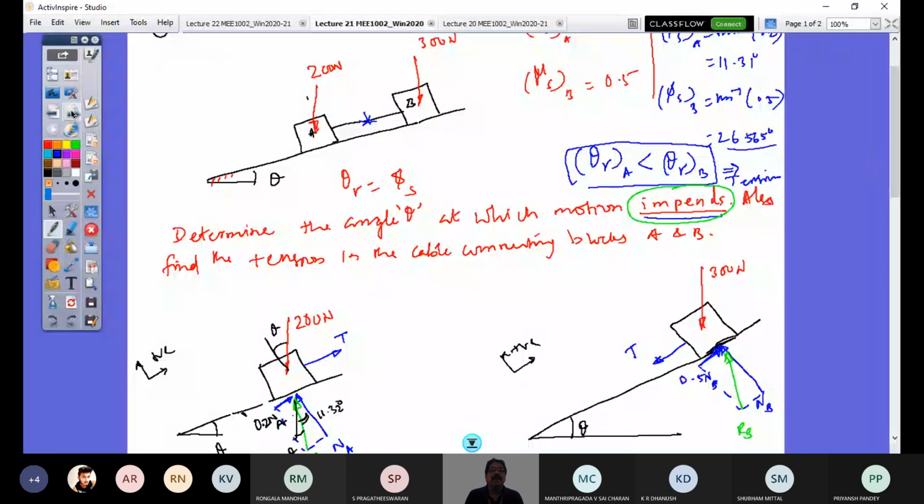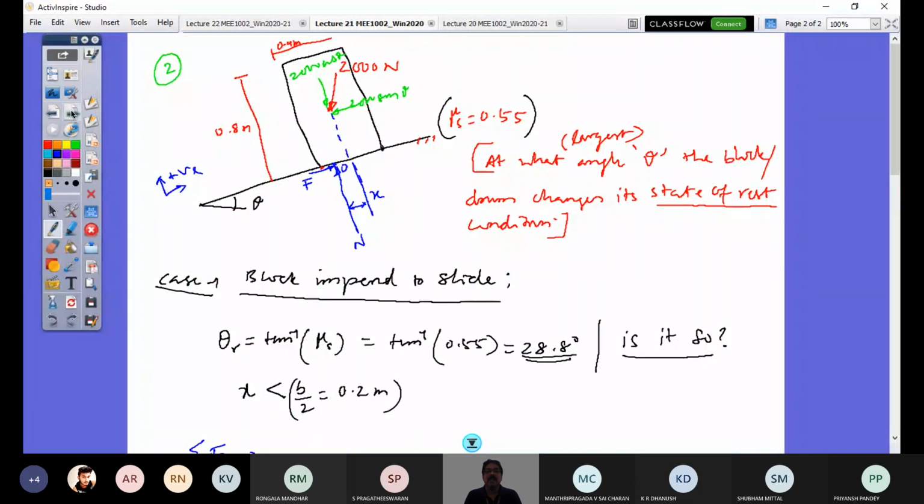Then another interesting problem: instead of a block, we have a drum. Why do I call it a drum? Because the height is large compared to the base, and there can be a chance that before sliding happens, this drum can rotate or tip about the leading edge.